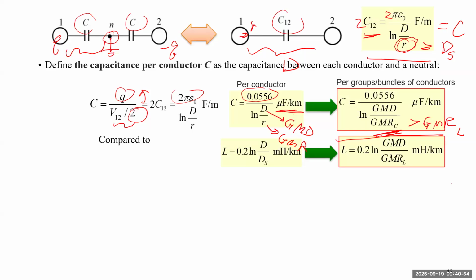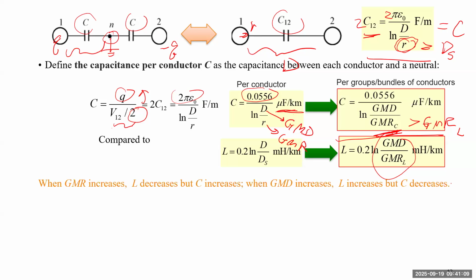So we can compare that formula to this one. It only depends on the GMD and GMR. But for GMR here we put L, so that doesn't use the actual radius of the line. All right, from the two formulas, we can make such an observation. If the GMR increases, it doesn't matter whether it's GMRL or GMRC, it's finally just the average radius among the conductors of the same group increasing.